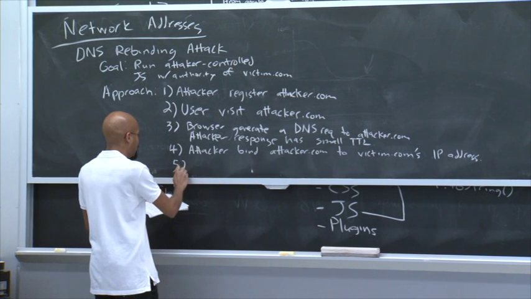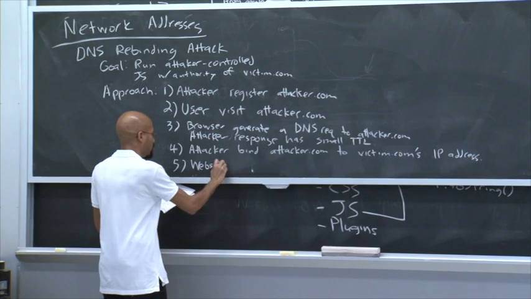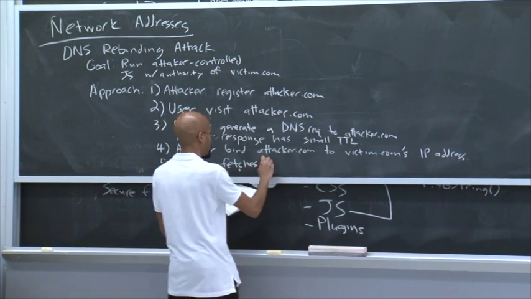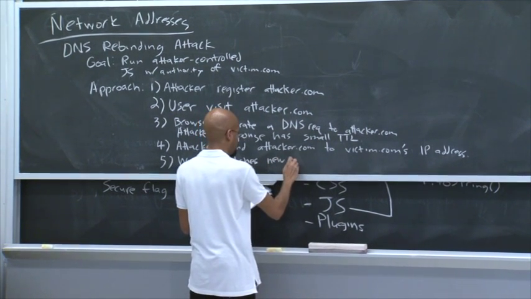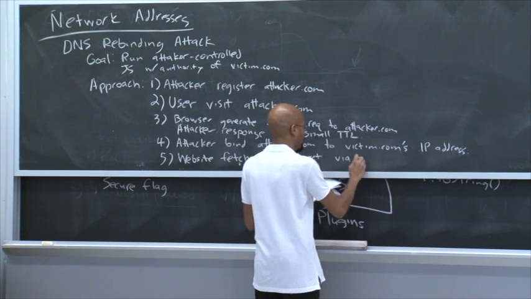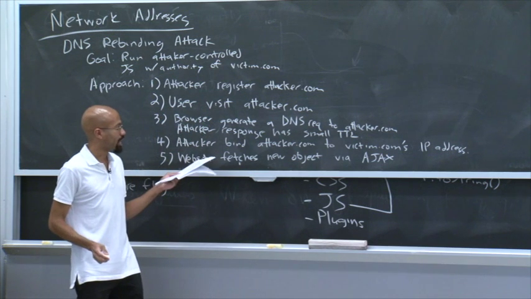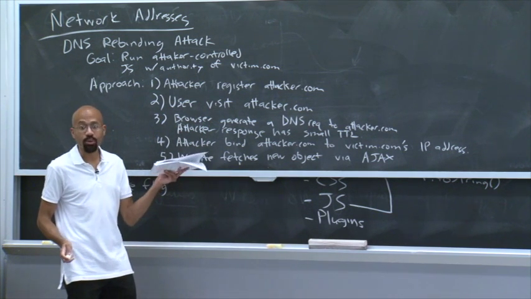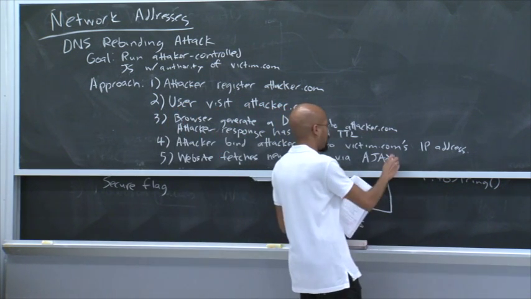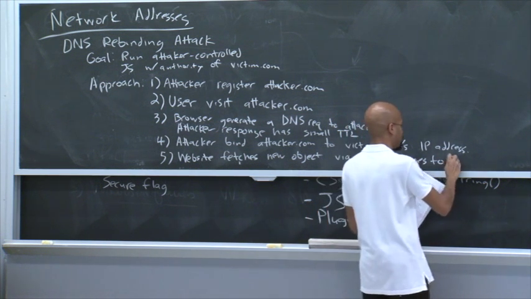So what will happen is that the website wants to fetch a new object, via, let's say, via AJAX, right? And it thinks that that AJAX request is going to go to attacker.com somewhere externally, but this AJAX request actually goes to victim.com.